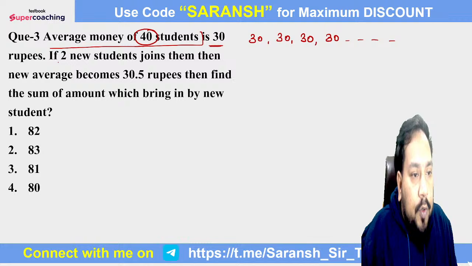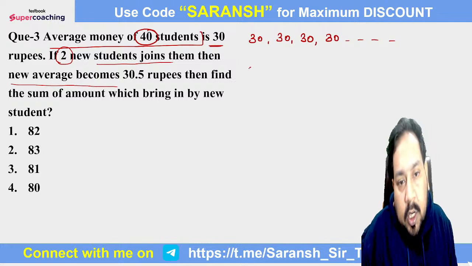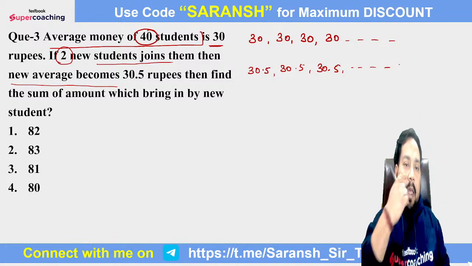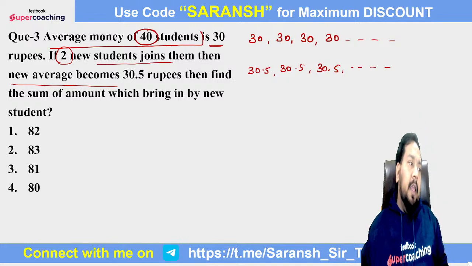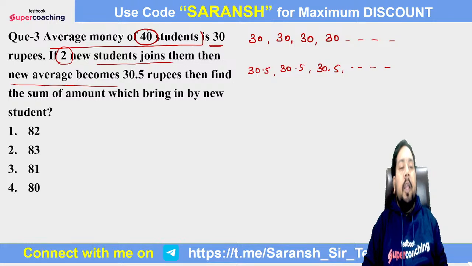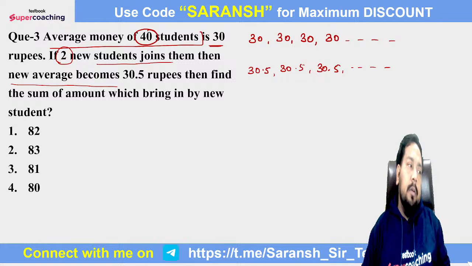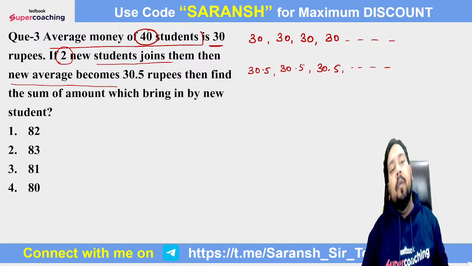Now if two new students join them, the new average becomes 30.5. Tell me how it increased.